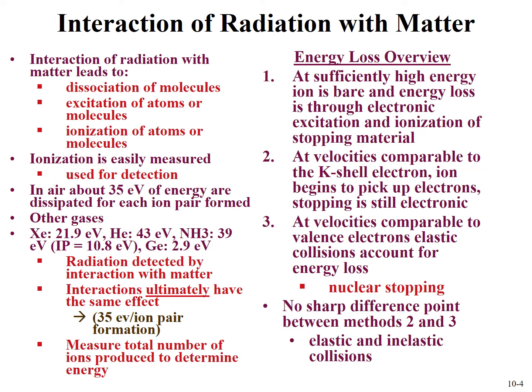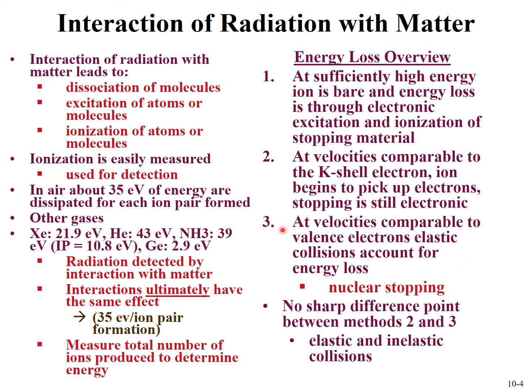Now, as the velocity of this particle starts to slow and it becomes on the order of the electron velocity in the K shell of the material that it's traveling through, this ion can start picking up electrons if it's positively charged. So imagine helium starts to become charged. And then as the particle gets slower, the electrons on the valence orbitals can start interacting.